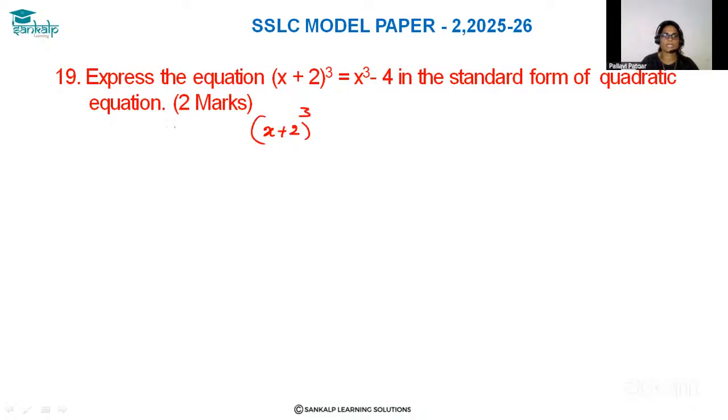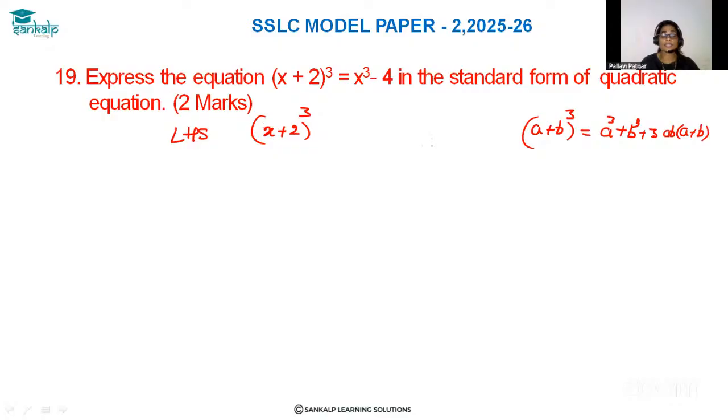So the left hand side of the equation is (x plus 2) the whole cube. So we use the algebraic identity. (a plus b) the whole cube is equal to a cube plus b cube plus 3ab into (a plus b).